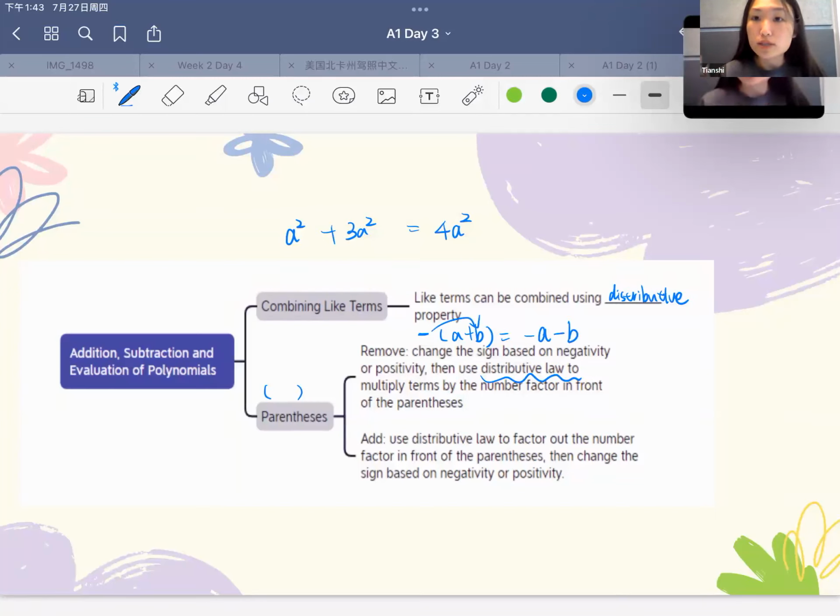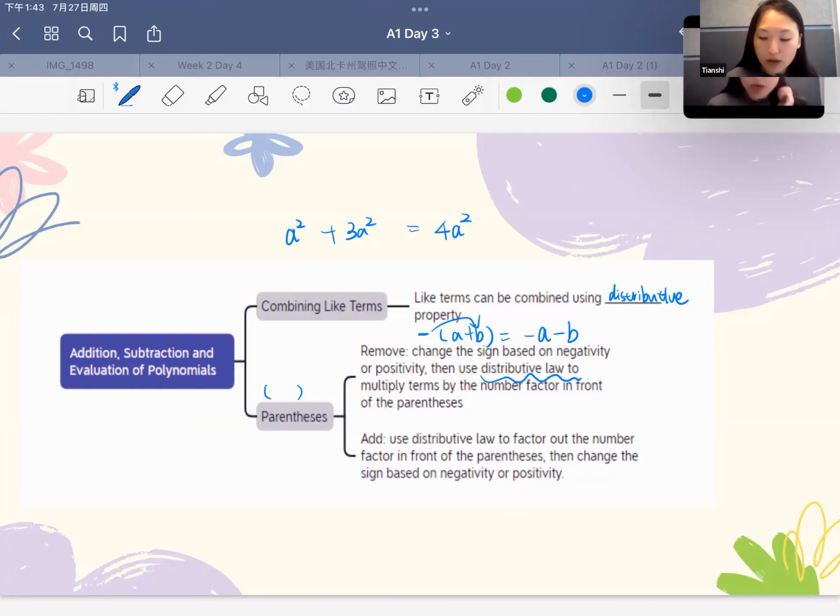And when adding terms, we need to use the distributive law to factor out the number factor in front of the parentheses, and then change the sign based on the negativity or positivity. So the negative numbers and also the negative terms, we need to pay extra attention to.